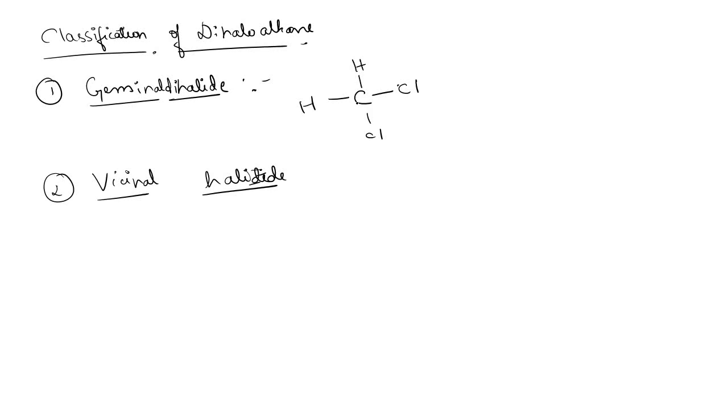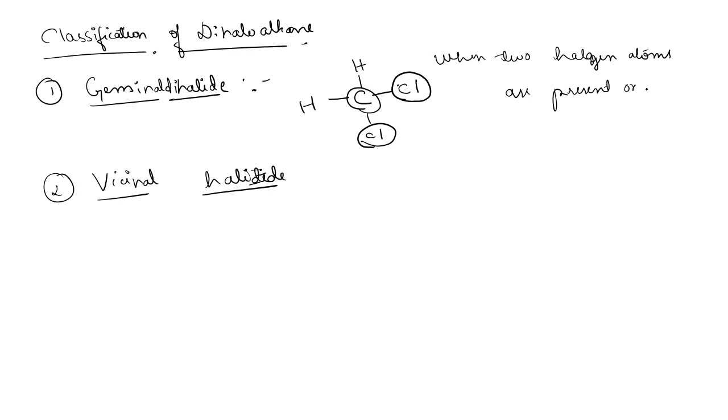For example, see, carbon valence is 4. I think the structure is right. These two halogen atoms are present on the single carbon atom. The definition is that when two halogen atoms are present on a single carbon, we call it a geminal dihalide.